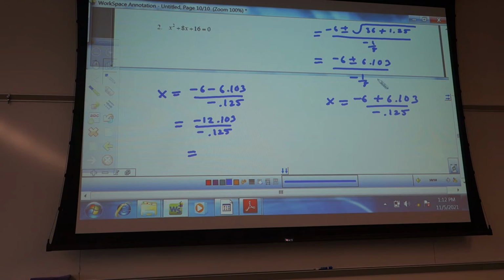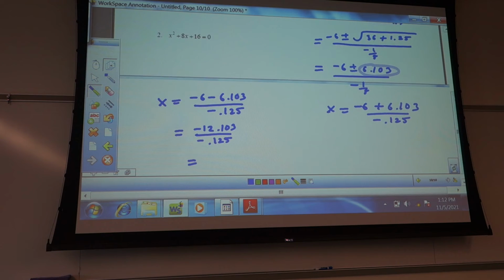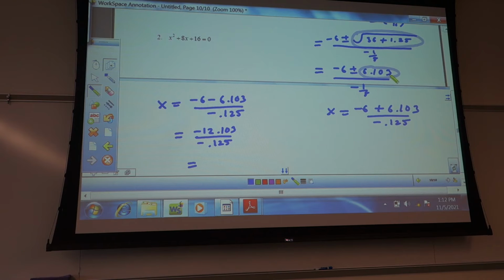Okay, Eric, do you understand how I got this part? All I did was take this part and get that part. Are you with me there? Yeah, you just plugged it into the calculator. So then these are 2 of them, one positive, one negative. So I'm going to have 2 of them. I'm going to have negative 6 minus 6.103, all I did was write the same thing down.